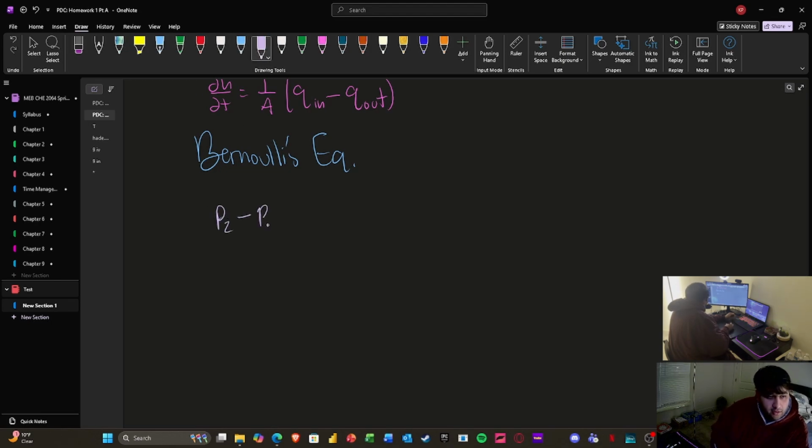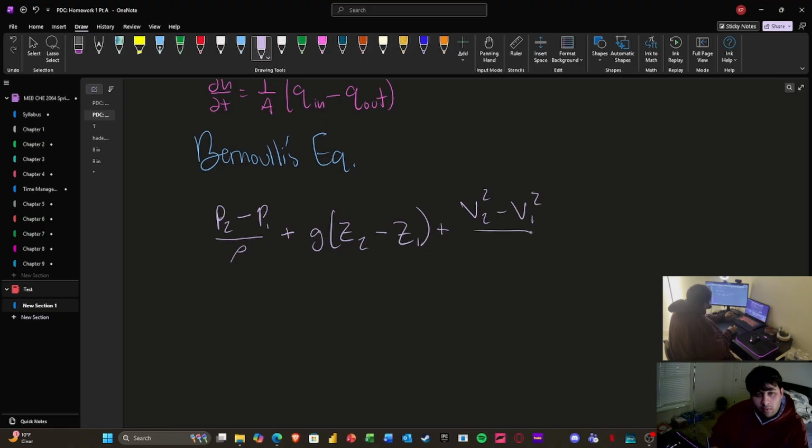So (P2 minus P1) over density plus gravity times the difference between the two points that we pick, which I'll show in a second, and then our velocity term, v squared over 2. Typically this is going to have friction and viscous losses, but for the sake of simplicity we're going to count that as 0, and it's not really stated much in the problem, but usually we would have this. However, we're not counting it in this problem.